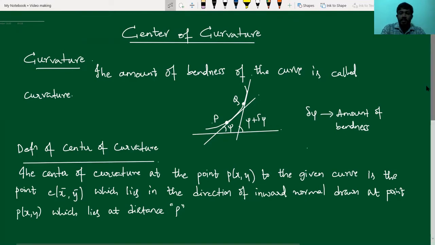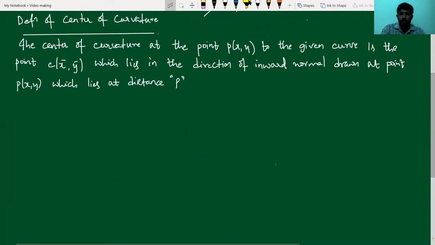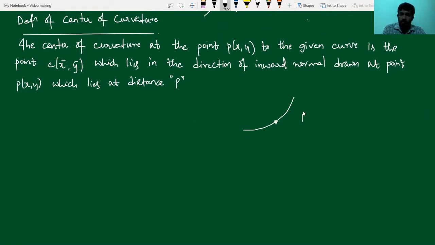Now we study the definition of center of curvature graphically. For that, we consider an arbitrary curve. Let this be the point P of x comma y. Now we are interested in finding the center of curvature at the point P to the given curve.